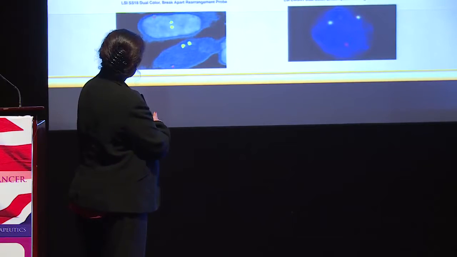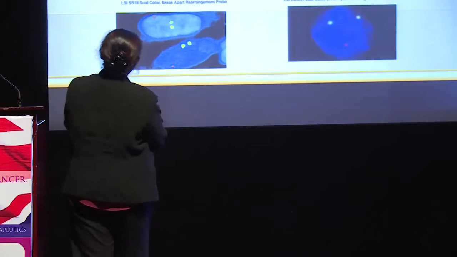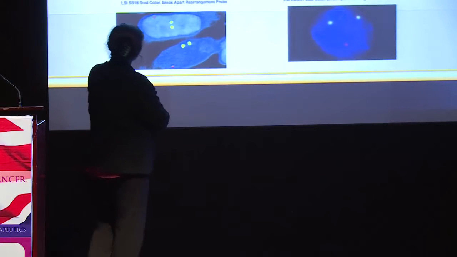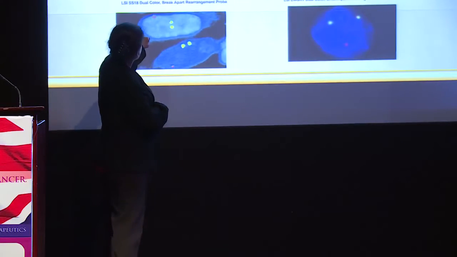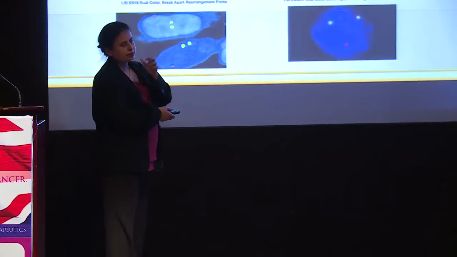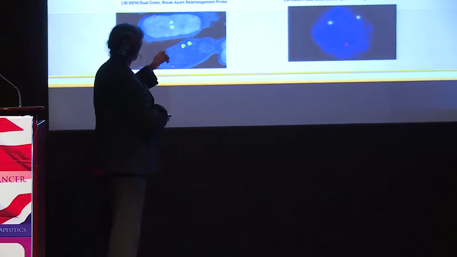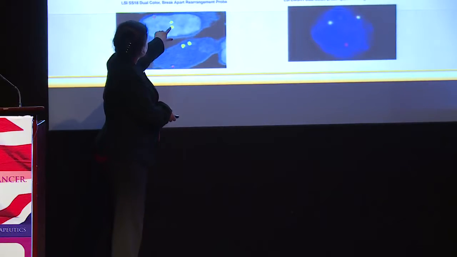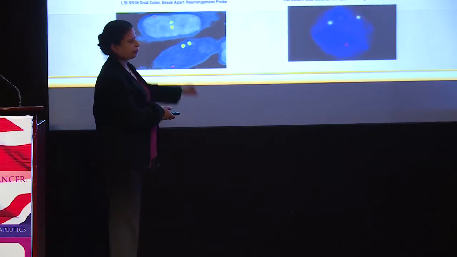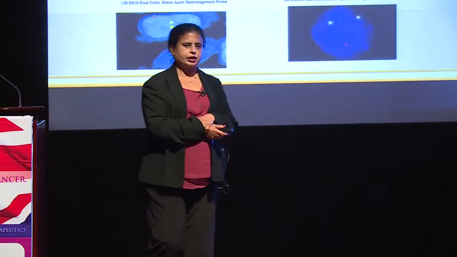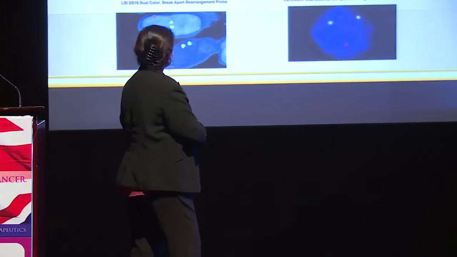This is just an example for the synovial sarcoma with the X;18 translocation. The SYT gene, you can see it follows the break apart probe logic. So you have the fusion signal, and then when there's a rearrangement, there's separation of the signals. And the same thing for the Ewing sarcoma with the translocation 11;22.